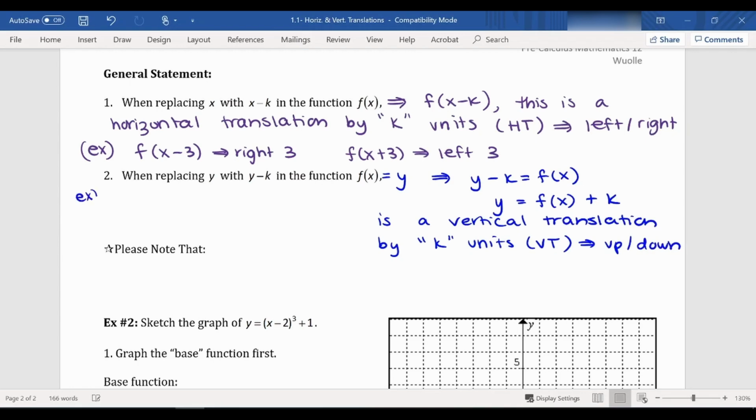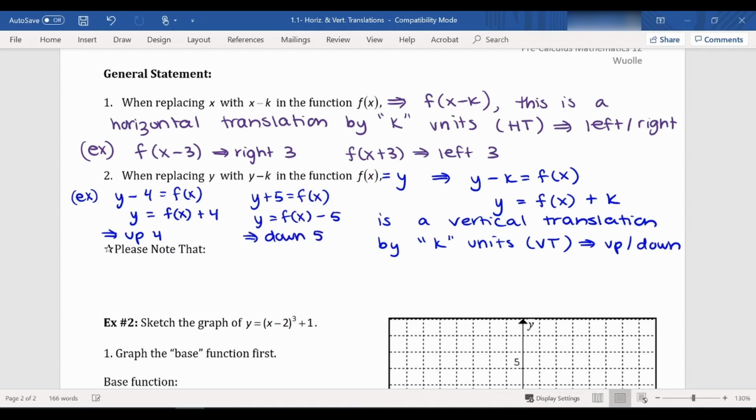So an example, you might have this written as y minus 4 equals f of x. I would rewrite this as y equals f of x plus 4, and this would be up 4. If you had something like y plus 5 equals f of x, I would rewrite this as y equals f of x minus 5, and this would be down 5.